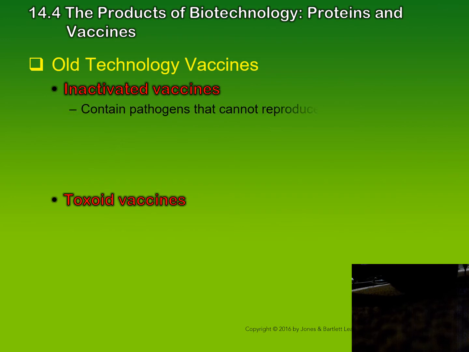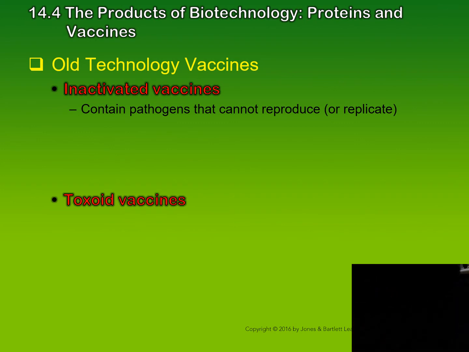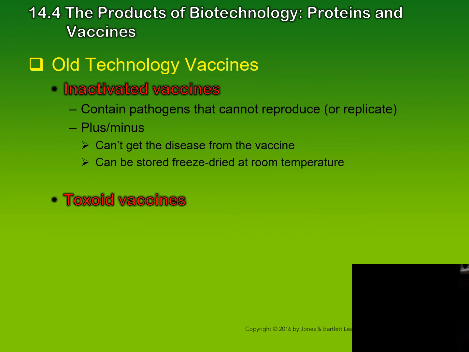Inactivated vaccines contain the pathogen but can't reproduce, and you can't get the disease from that vaccine, and can generally be stored at room temperature, which again is a huge advantage if you're going to a part of the world that has no refrigeration.